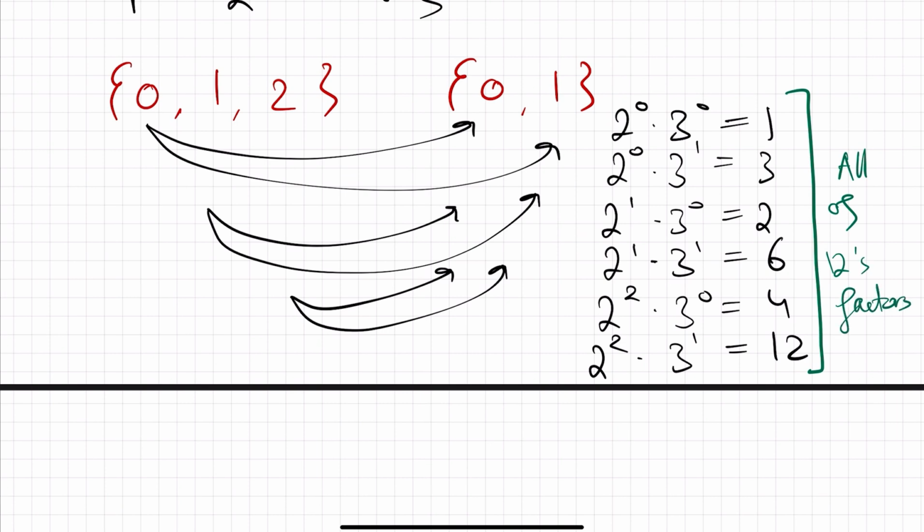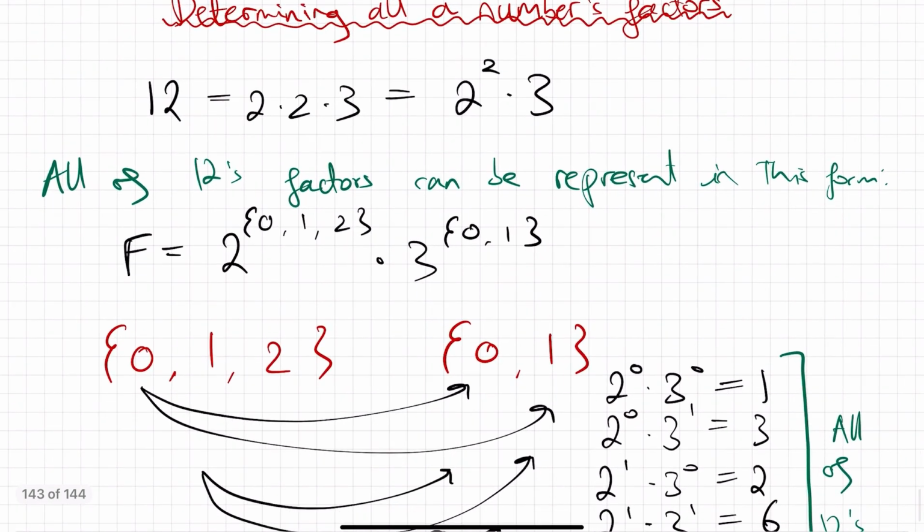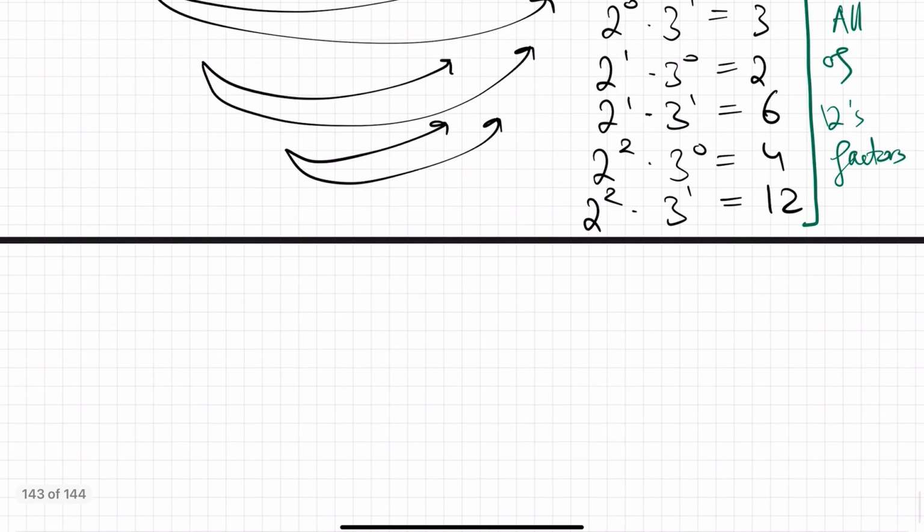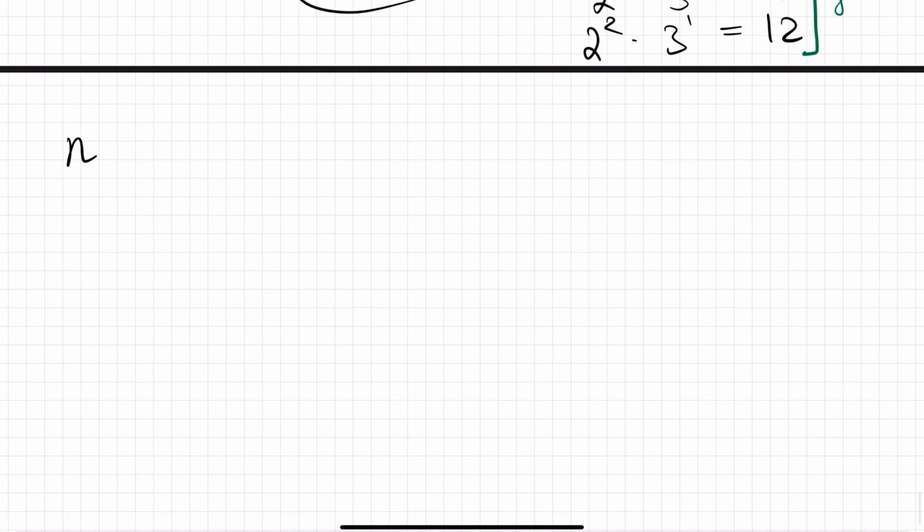So, yeah, that was essentially how you figure out every single factor of a number. If I were to do this more generally, let's just say a number n, the first thing we want to do is split it into its prime factors. Okay, this is going to be a bit weird if I write it generically.